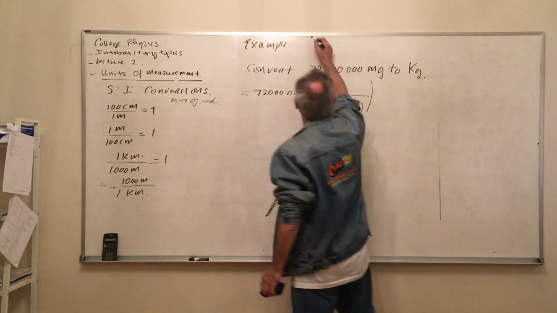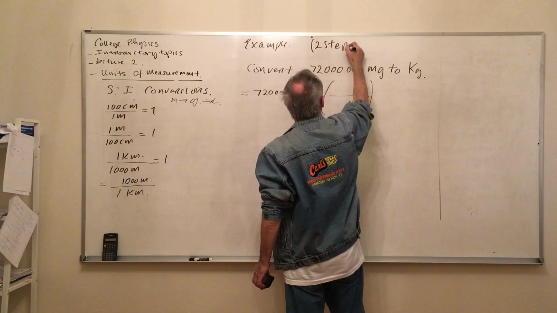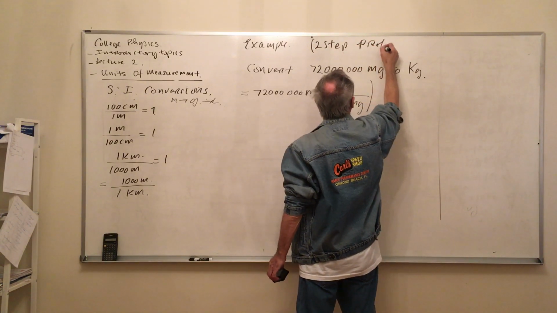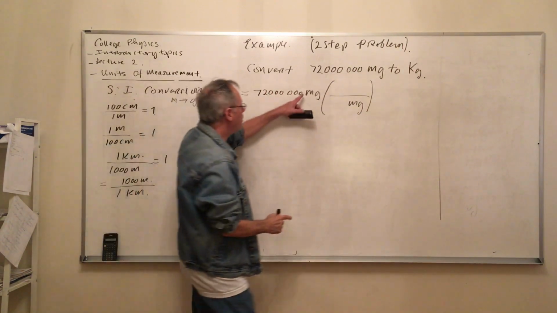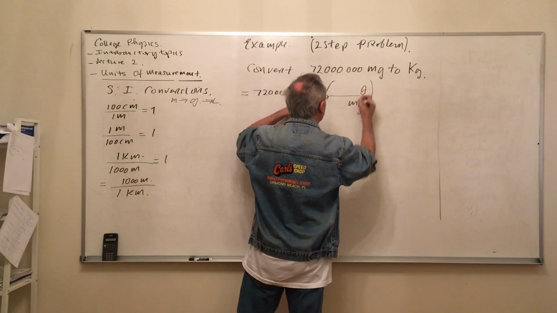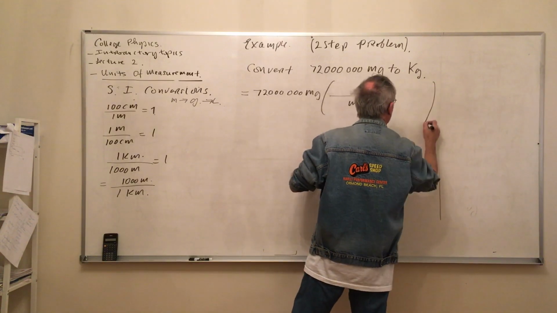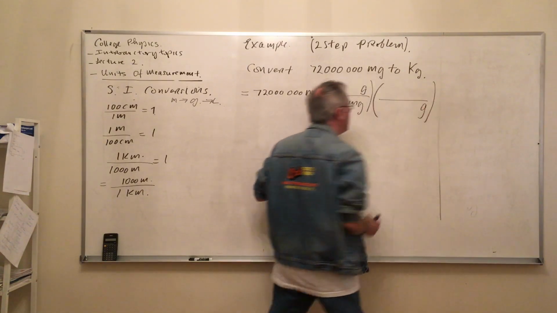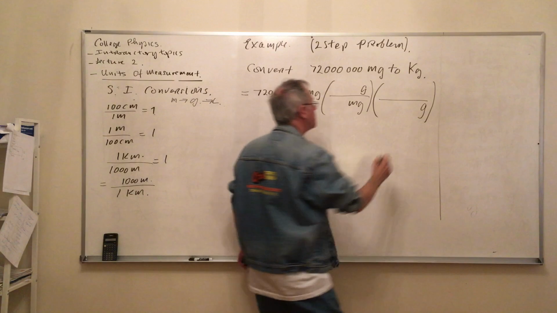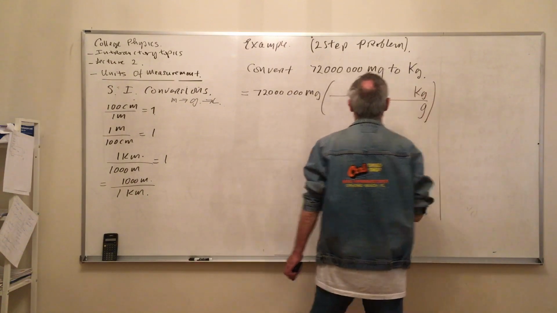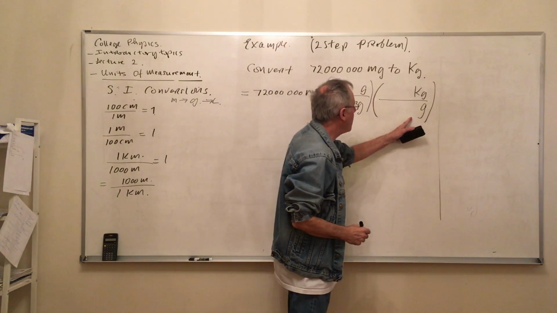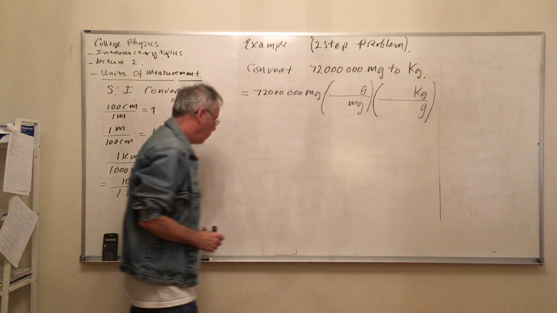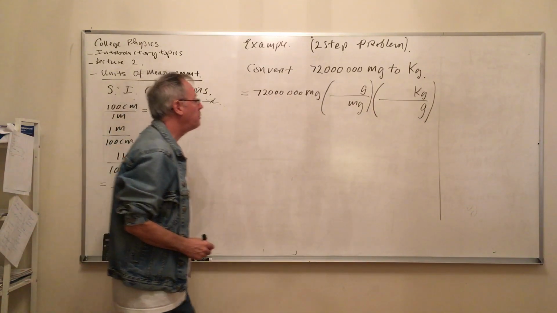This is a two-step problem. We'll do it in 2 steps because we'll make milligrams grams. Then we get rid of the grams and make them kilograms. So we have 2 unit factors, one to get rid of the milligrams, one to get rid of the grams and make it kilograms. We have to see what the unit factors are going to be.